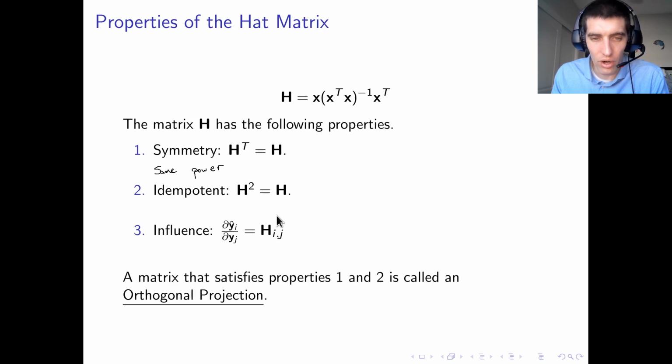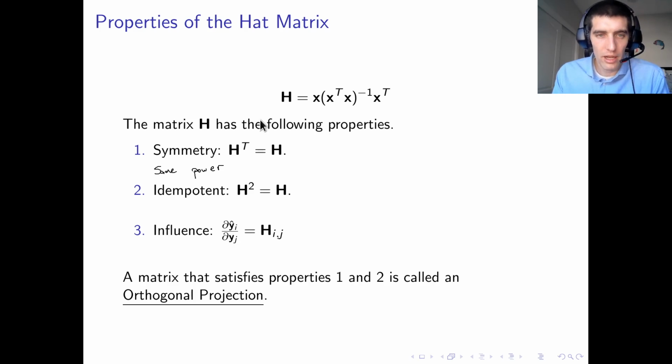So if h_ij is very large, it suggests that very small changes in y give very large changes in magnitude in y hat. That's important because it tells us how much each input y influences each predicted y. So this is what we mean by influence: the rate of change of the predictions with respect to the input.